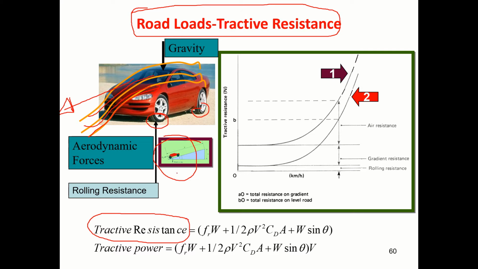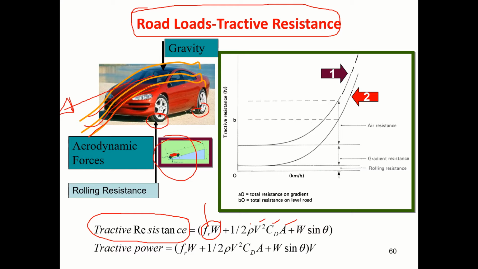So rolling resistance can be determined using the equation F_RW, where F_R is the coefficient of rolling resistance and W is the weight of the vehicle. Then aerodynamic resistance can be given by half rho A V squared CD.